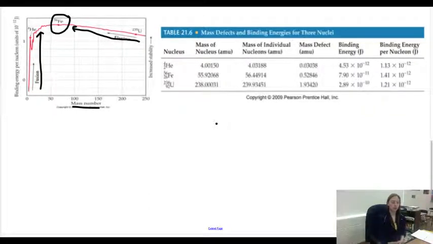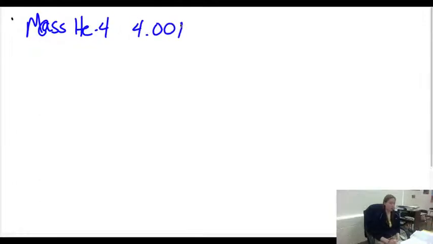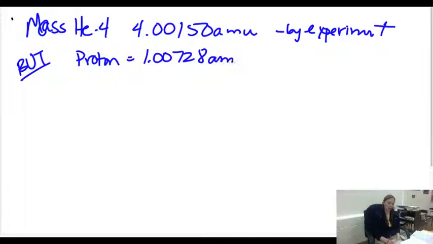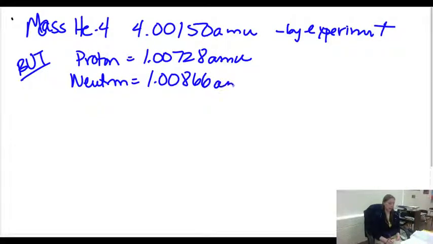So we're going to look at a problem here. The mass of my helium-4 nucleus, by experimentation, is 4.00150 AMUs. Somebody found that by experiment. But what I do know is that a proton mass is 1.00728 AMUs, and a neutron mass is 1.00866 AMUs.